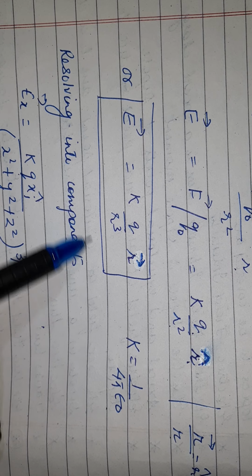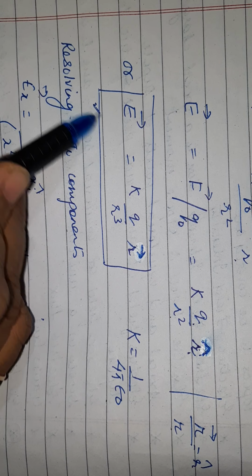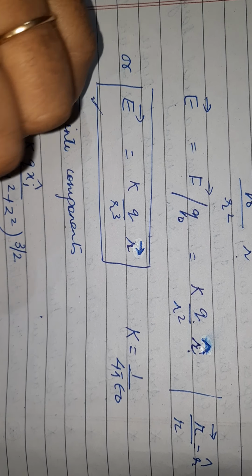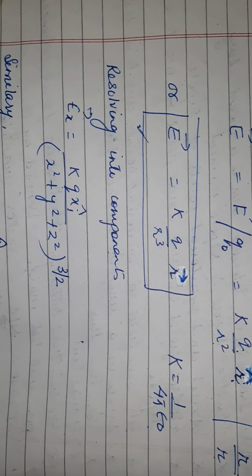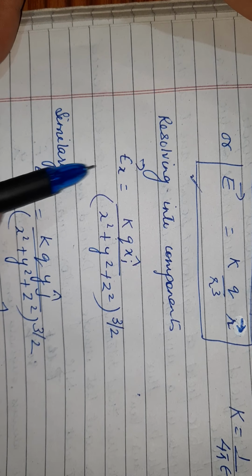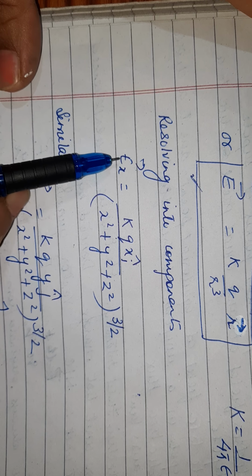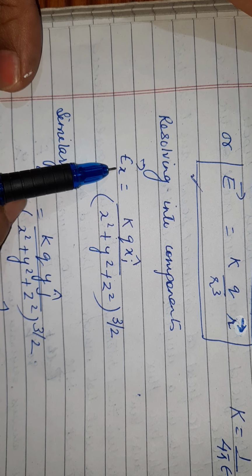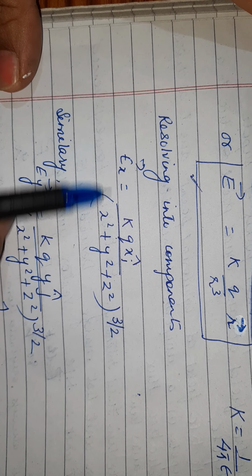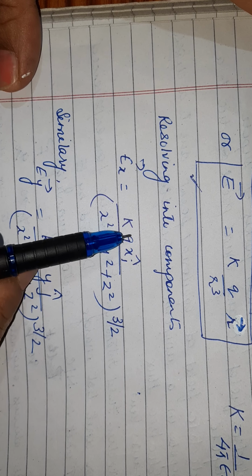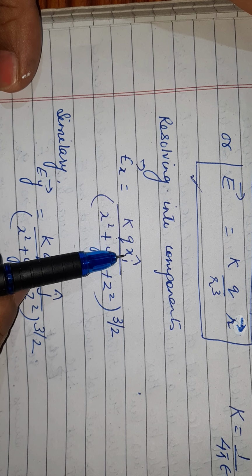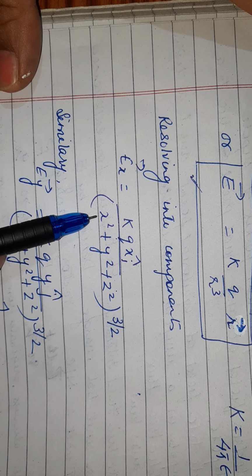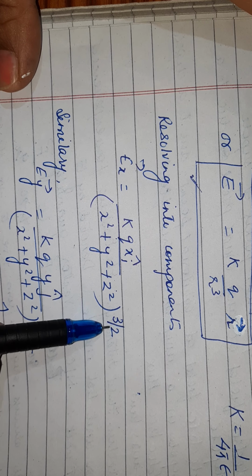Now we can also resolve this electric field intensity into its components along the x, y and z axes. We will write it in this way. Electric field intensity along the x axis is Ex, which can be written as k q x i cap upon x square plus y square plus z square to the power 3 by 2.